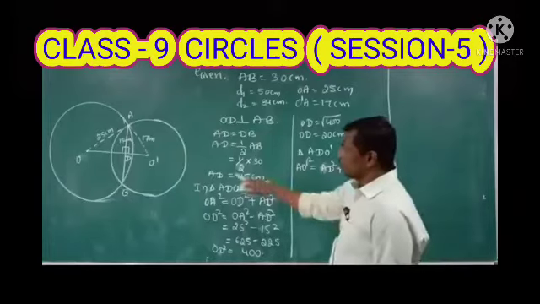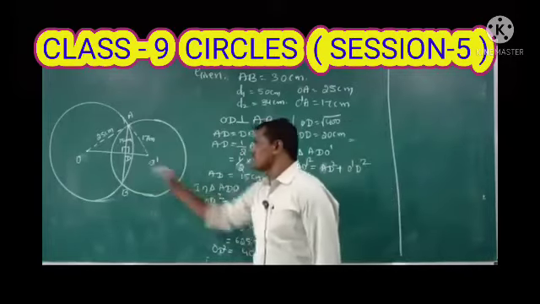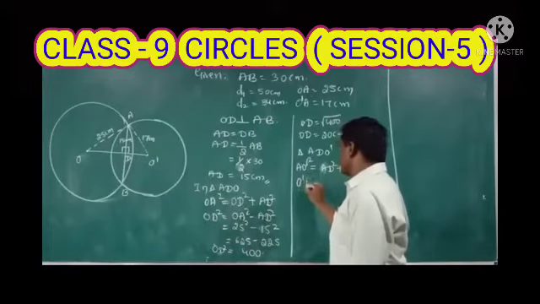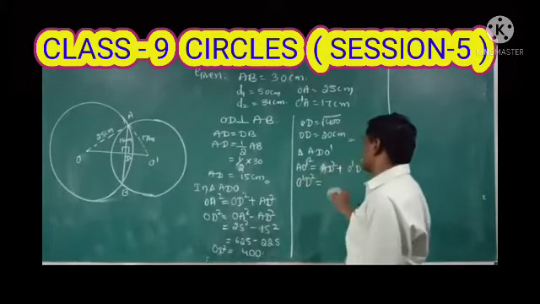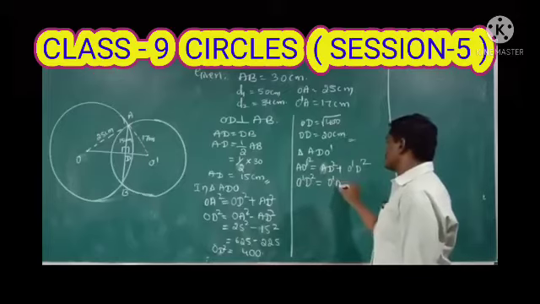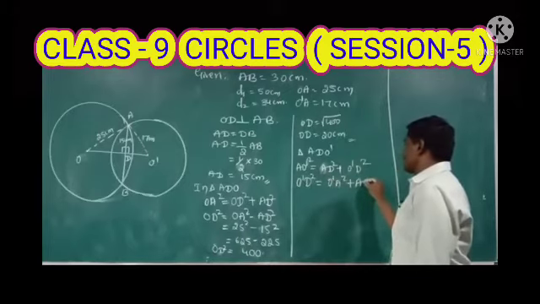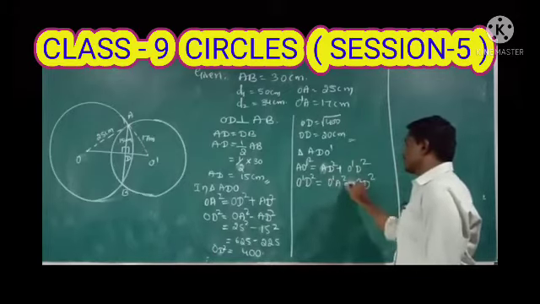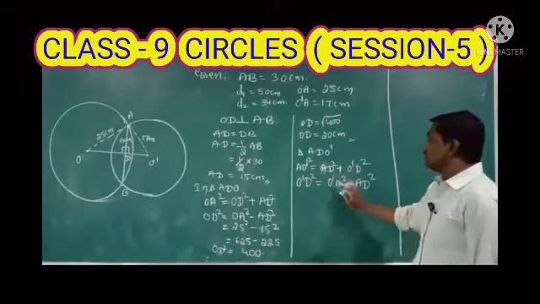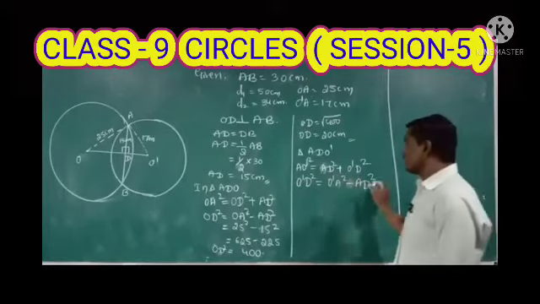Here we need to find the length of O dash D. So O dash D square is equal to O dash A square minus AD square.